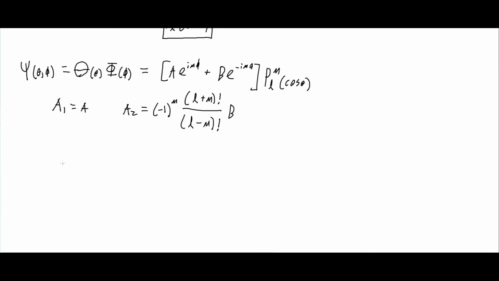After we make this change and distribute this through, we end up with a1 e to the i m phi times this associated Legendre function of cosine of theta, plus a2 e to the minus i m phi times this associated Legendre function.